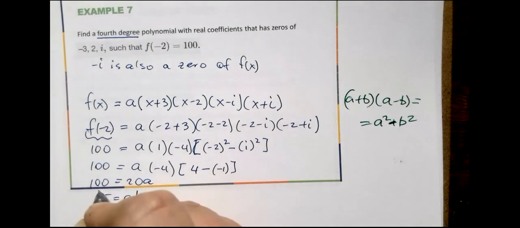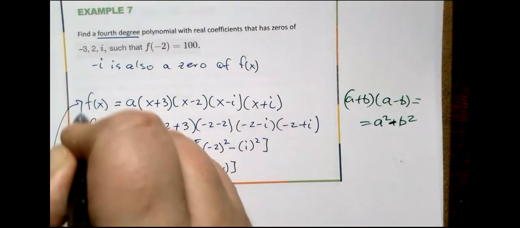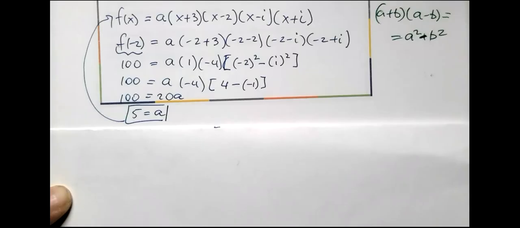A is 5. So now that I found that a, I can go back and plug it into that equation. Okay, so let's do that. And also, I'm going to multiply these factors. We could do it earlier.